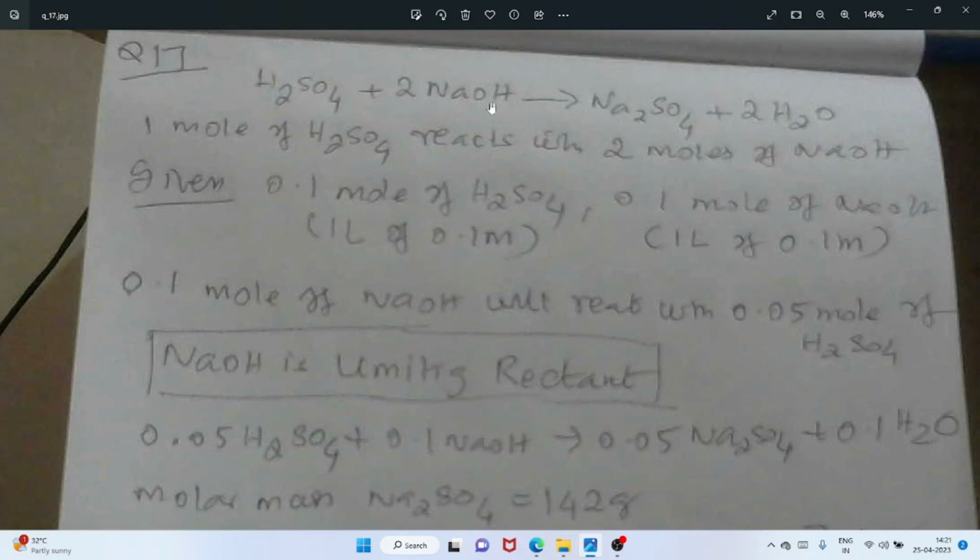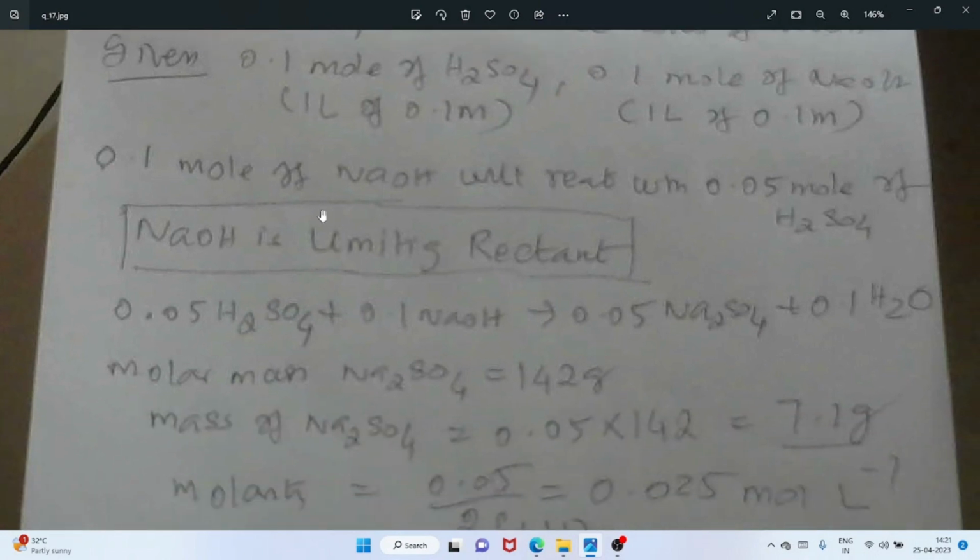Sulfuric acid, this is 1 mole, reacts with 2 moles of NaOH, but they are given 0.1 mole of the H2SO4. We require 2 times, so for 1 mole of H2SO4 we require 2 moles of NaOH, but they gave only 0.1 mole, so 0.1 mole of the NaOH will react with only 0.05 mole of H2SO4. So NaOH is the limiting reactant here.